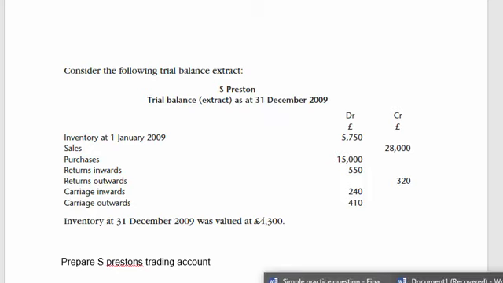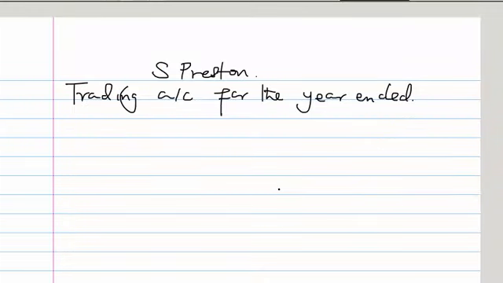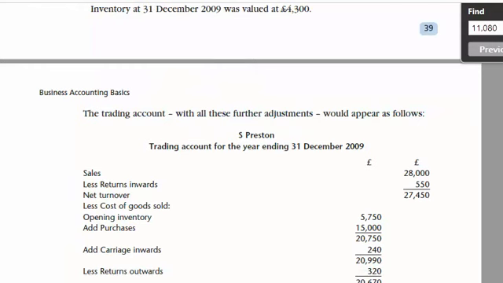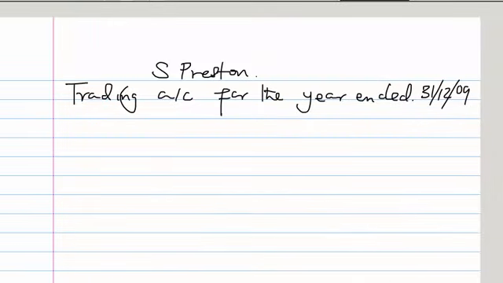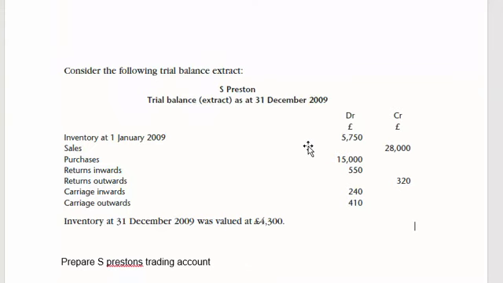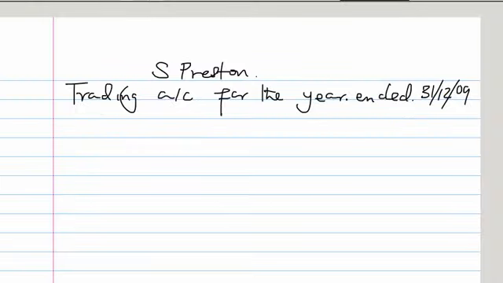So it's going to be for the year ended 31st December 2009. What you want to do next is look at the currency that we're preparing the financial statement in. That's very important. So if you look at the financial statement, you will notice we're preparing the amounts in pounds. So you want to put the currency on top there.